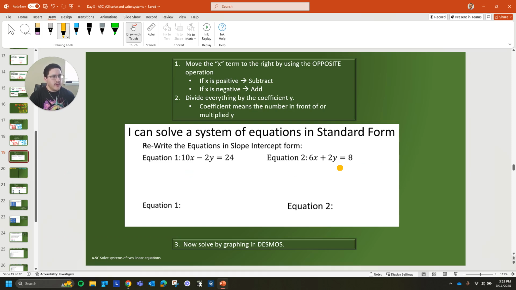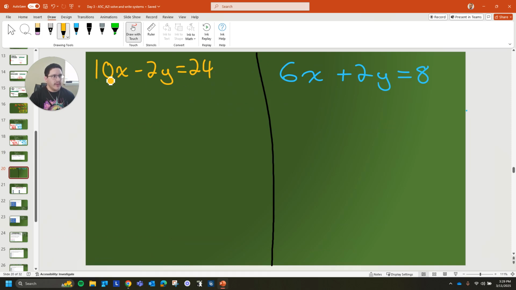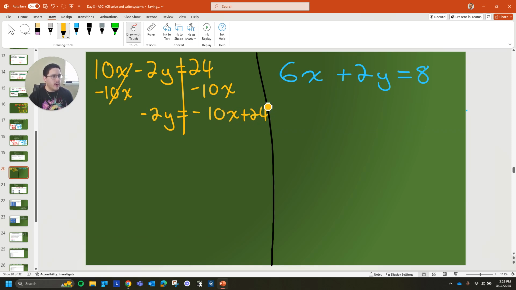Okay, so I'm going to put these two equations on a different slide with this, the first one going over here on the left and the second one going over here on the right. I'm going to do these relatively quickly to kind of show y'all how this is supposed to go. So to get the y by itself, I'm going to subtract 10x on both sides. I'm going to get -2y equals -10x plus 24.